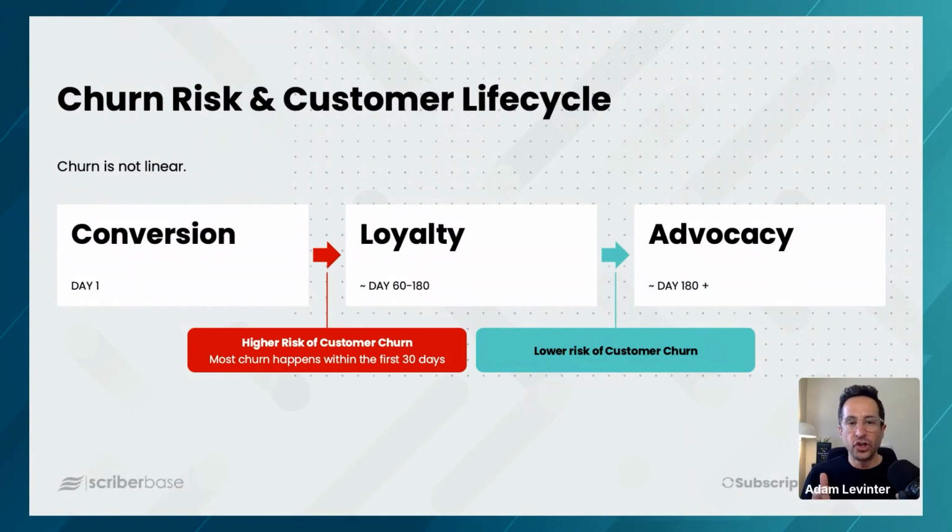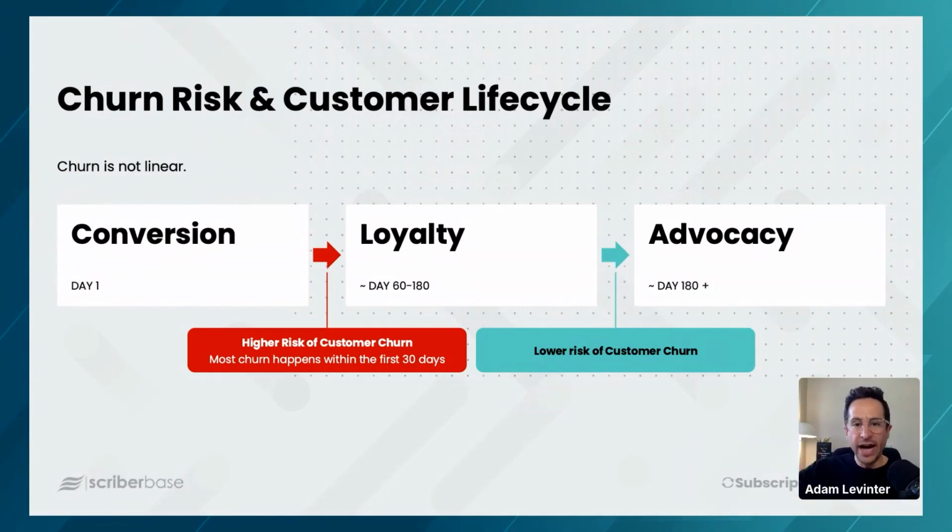The fact is, churn is accelerated, meaning that you have your highest amount of churn activity happening earlier on in the customer lifecycle. That is to say that the bulk of churn or churn risk happens between day 1 and day 30, day 1 and day 60, or day 1 and day 90, if you prefer to look at your business on a quarterly basis.